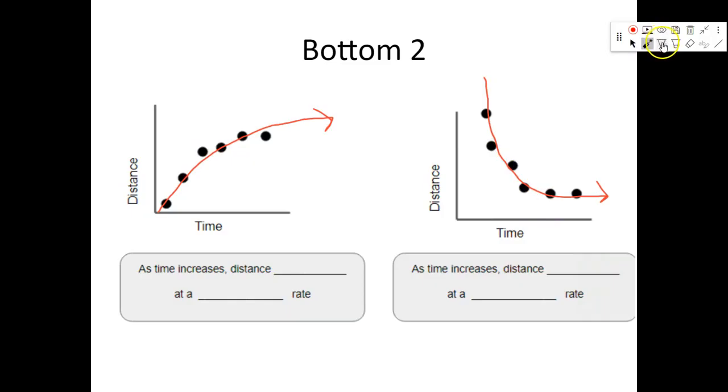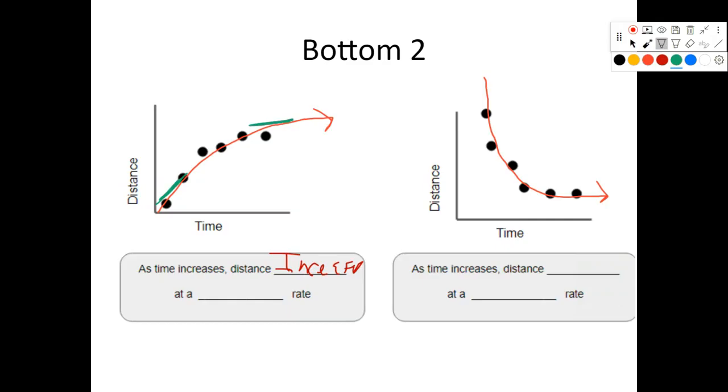So what I like to do is say, as time increases, distance, is it increasing or decreasing? It's increasing. But what's the rate? It's not steady, so it's either slowing or faster. And what I like to do is imagine there's a slope line similar there, and a slope line to what the line is doing near the top.